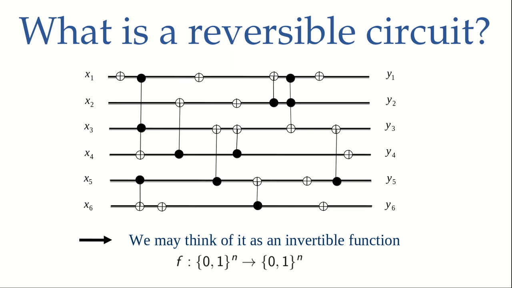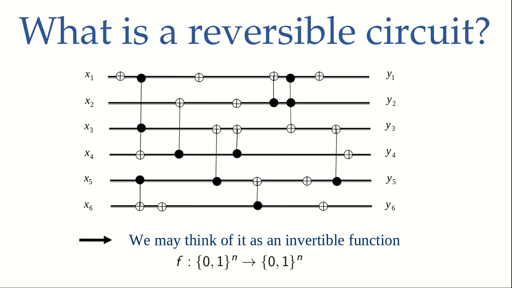Reversible circuits are a kind of circuit that are underlying various emerging technologies, including quantum computing. Formally, reversible circuits are defined as circuits that are built out of individually reversible gates, and a reversible gate is a gate for which the input can be deduced from the output.